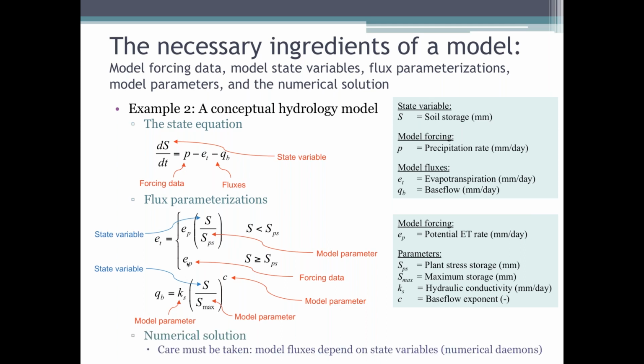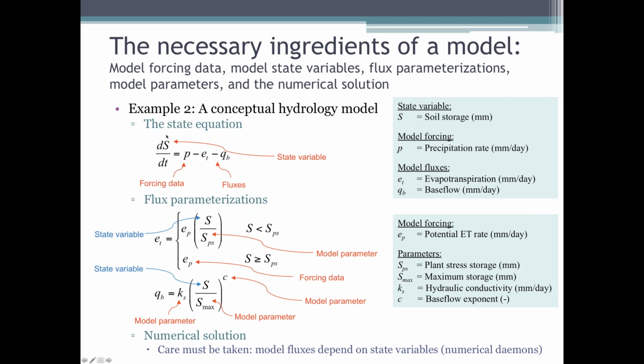This is what shows up as different, is that in this case, our state variable shows up in both of our fluxes. The manner in which we are able to change the water stored on the landscape depends on the water that is there right now. So our model fluxes depend on our state variables.